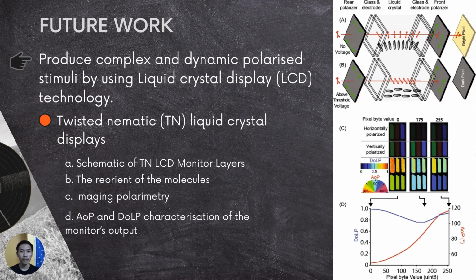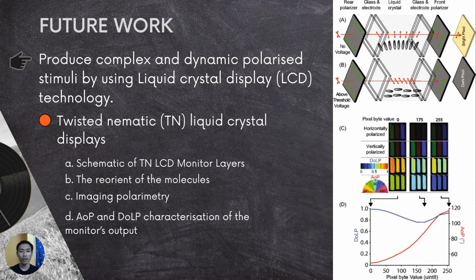So here we have twisted nematic LCDs, which can be used to control the AOP of transmitted light. AOP here is the angle of polarization. So a twisted nematic panel can be converted to an angle of polarization monitor. That is A. For B, when a voltage is applied above a threshold, the molecules start to reorient, becoming perpendicular to the glass substrate.